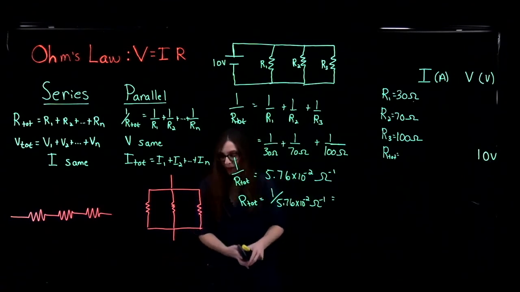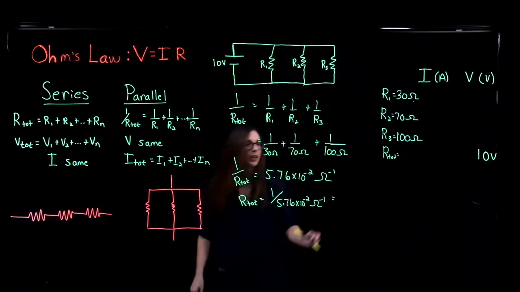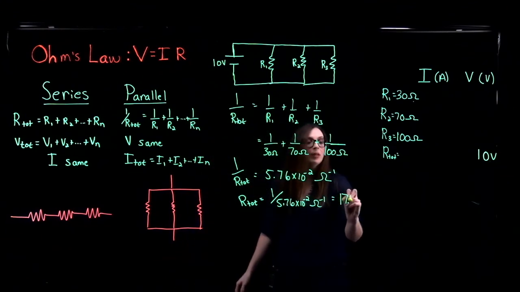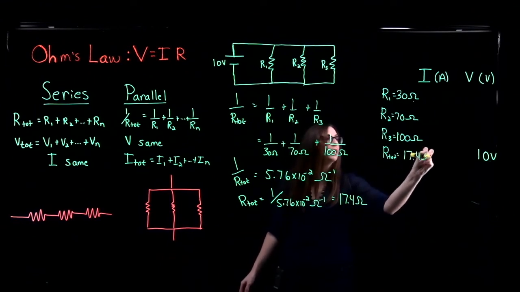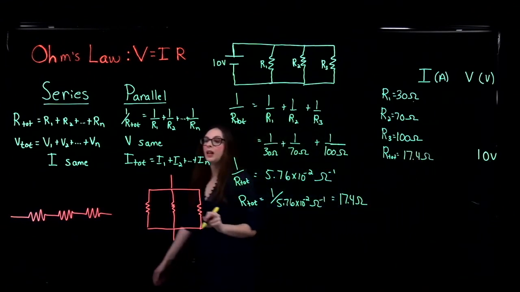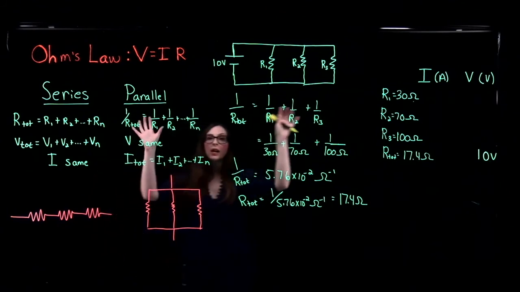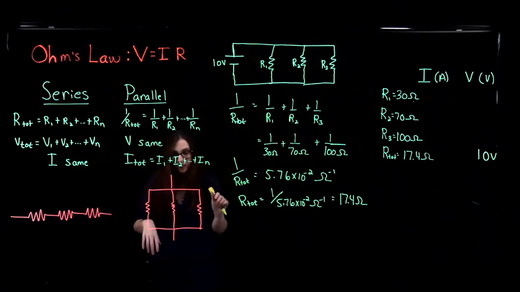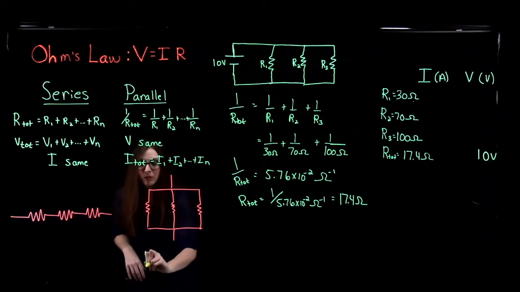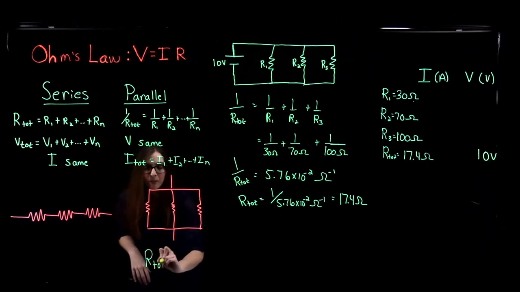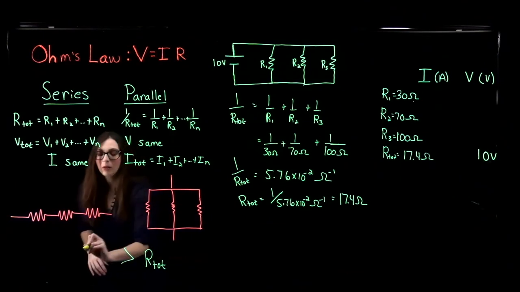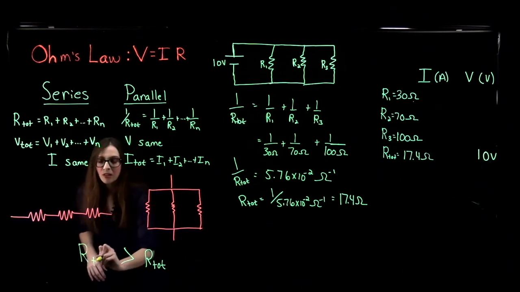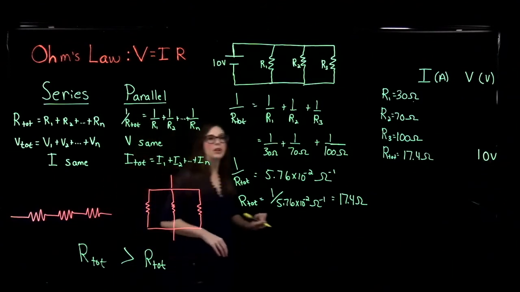Then I find that my total resistance in my circuit is 17.4 ohms. So I'm going to write this here, 17.4 ohms. So we see an interesting thing, that for resistors in parallel, the total resistance is going to be less than those same resistors that you have in series.